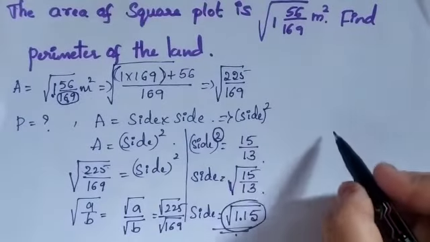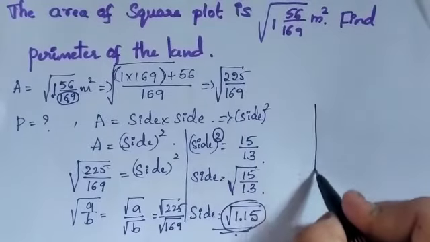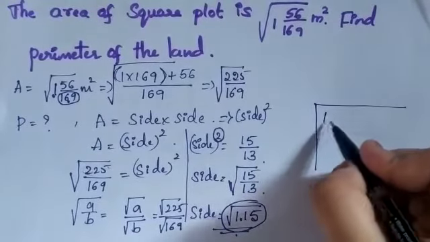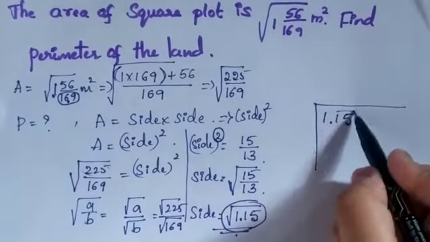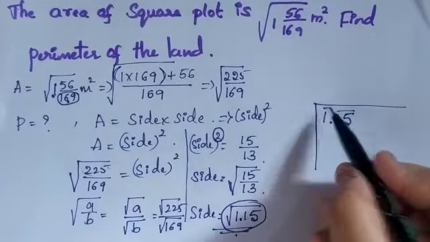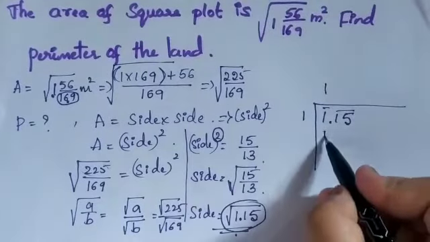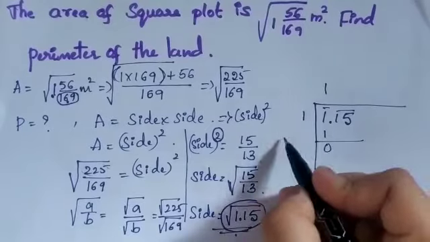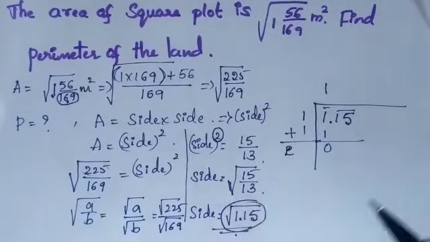So let me find the square root of 1.15. Here 1 is one pair, and 15 is another pair. 1 ones are 1, directly divided, 0, and I'll get 2 here.